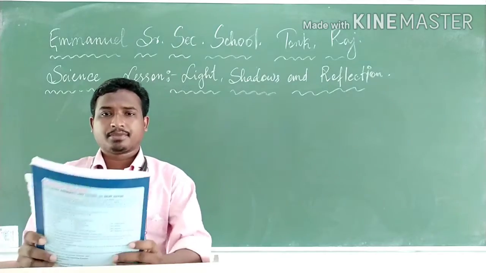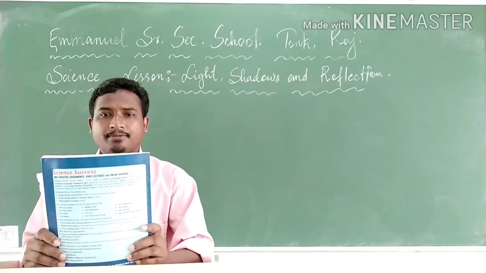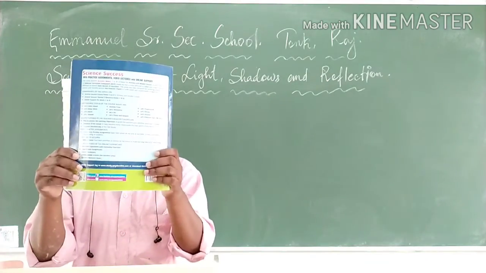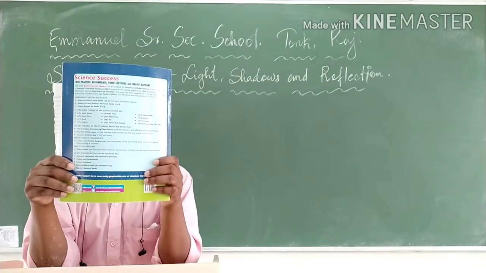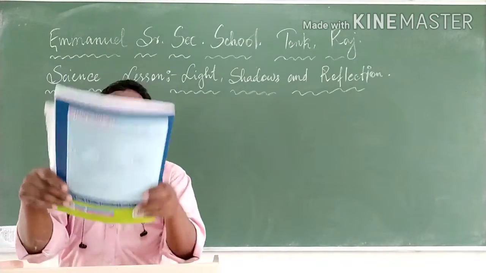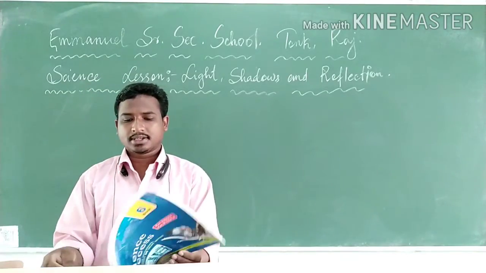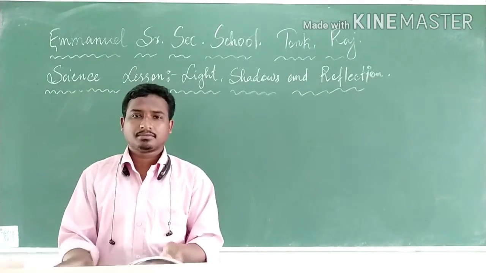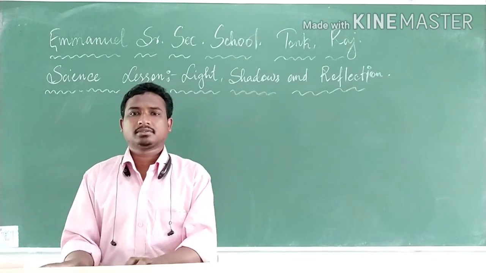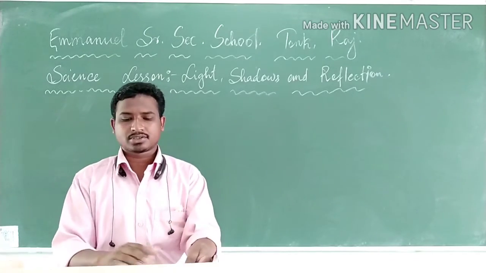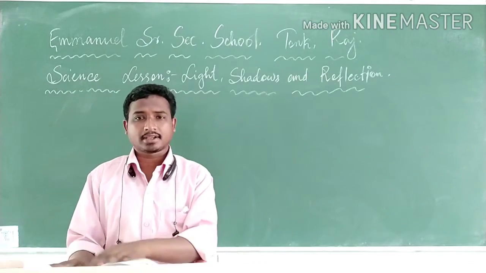Suppose this book: you can see this book, but if I hide my face behind it, you are unable to see me. That means this book is acting as an opaque material.